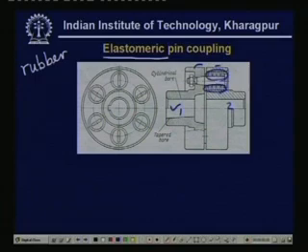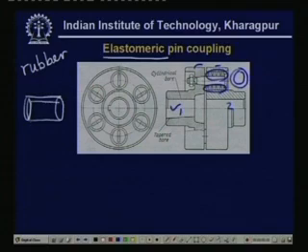The elastomers may be a ring type, a small ring, or that may be a bush type, that is sometimes we have this kind of elastomer, this is a bush which is wound around the part of this bolt here, and then it provides some flexibility.